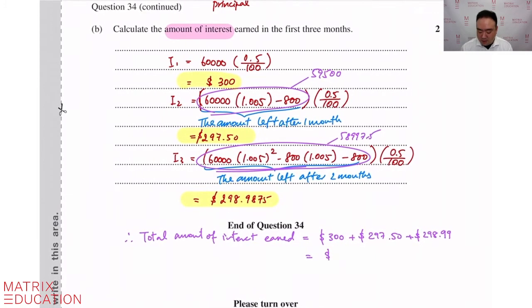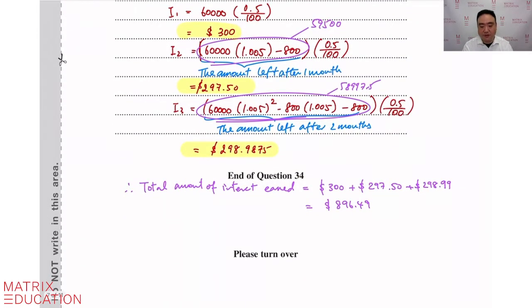So that's 896.49. All right, so that's question 34.